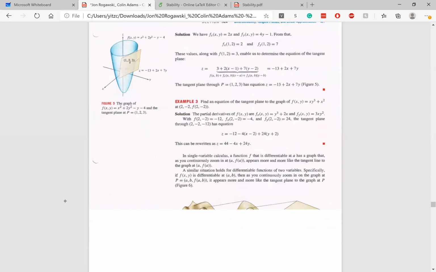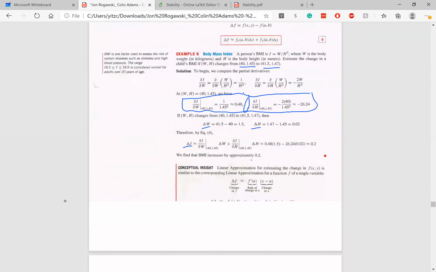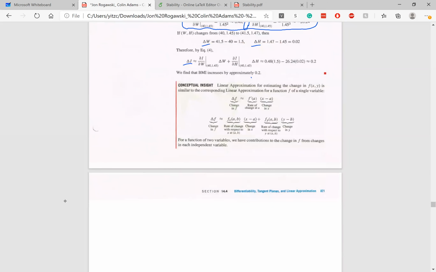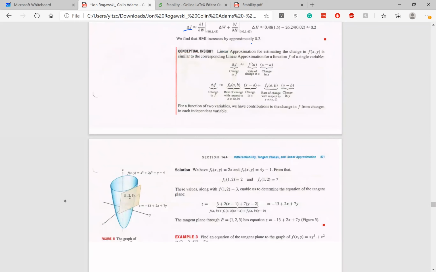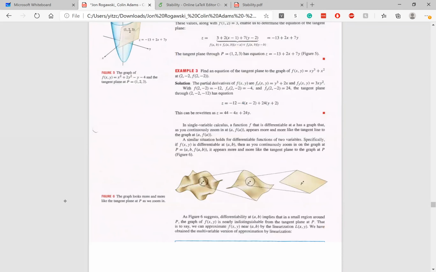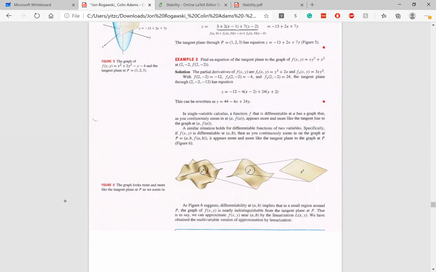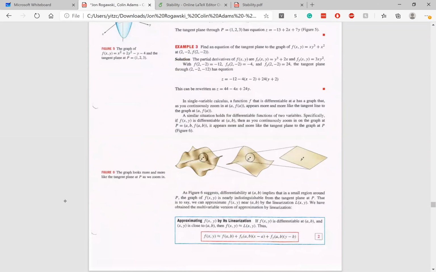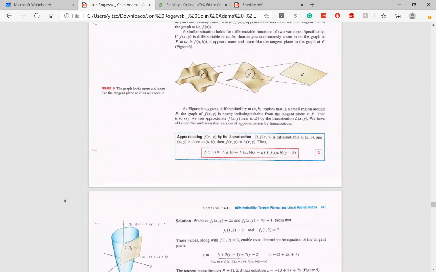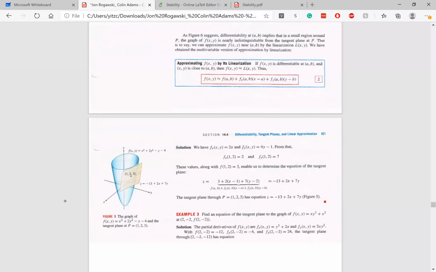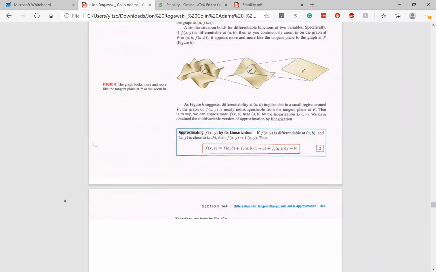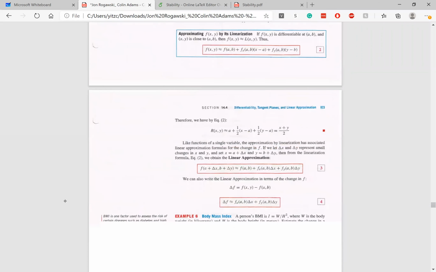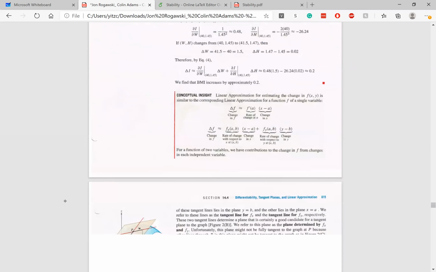Example 6 and example... Okay, whatever. Is it going backwards? Example 3. Oh, that's that again. Huh.